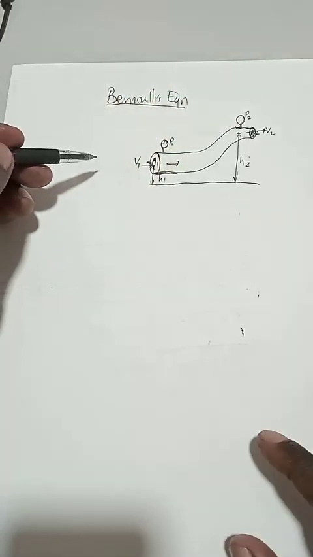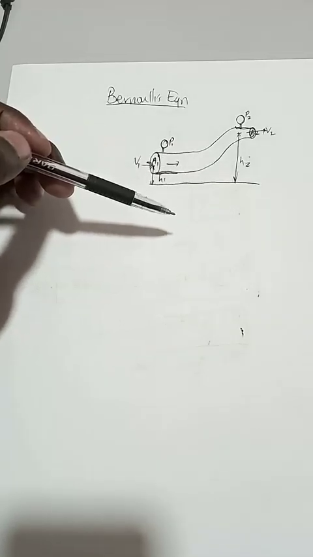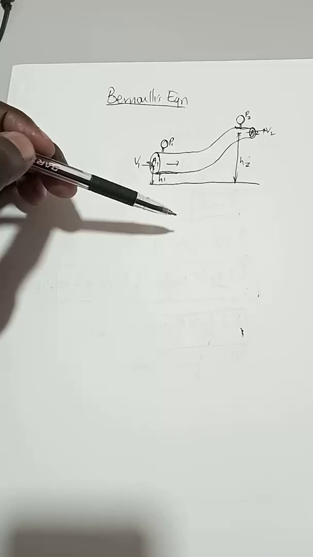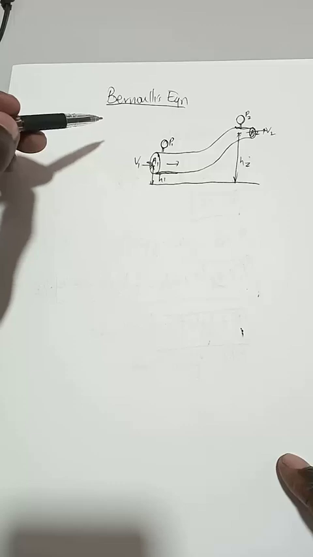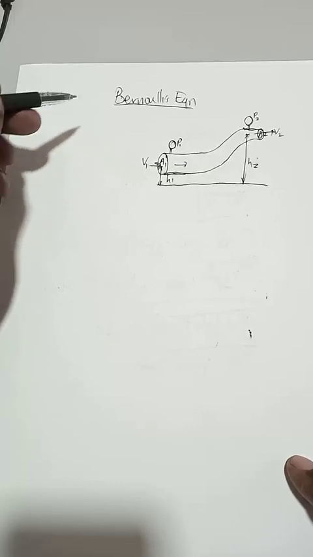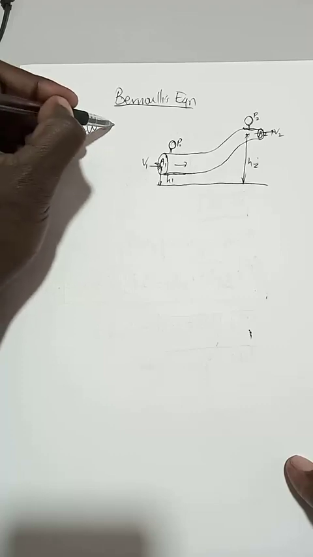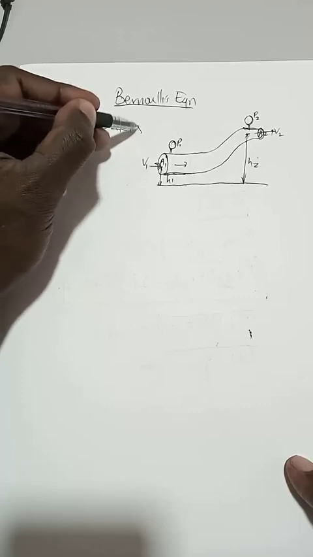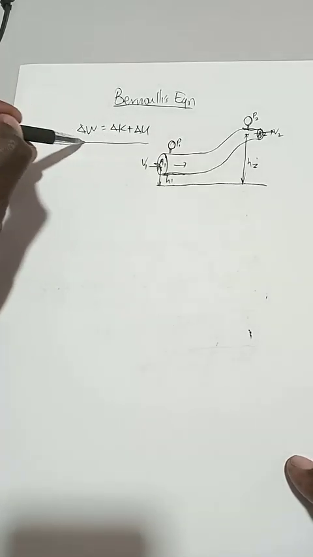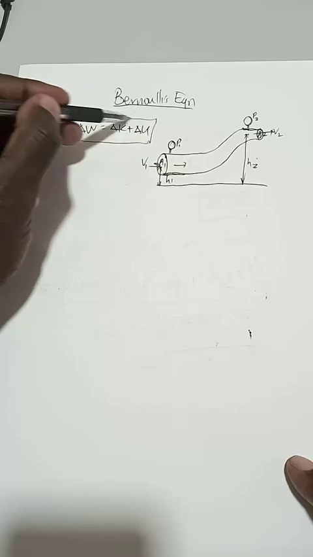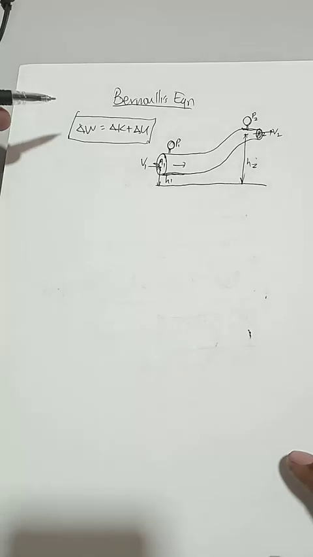Since there is height, there is potential energy involved, and with motion, kinetic energy involved. So we can write that the difference in work done is equal to the difference in kinetic energy plus the difference in potential energy, and from that we get the mathematical expression of the Bernoulli statement.